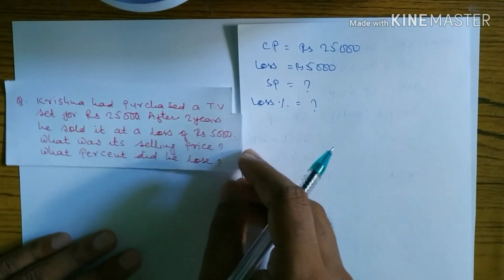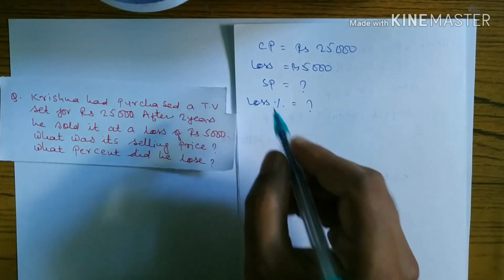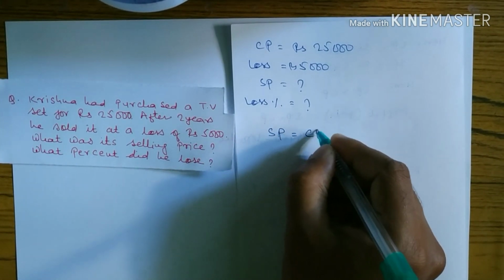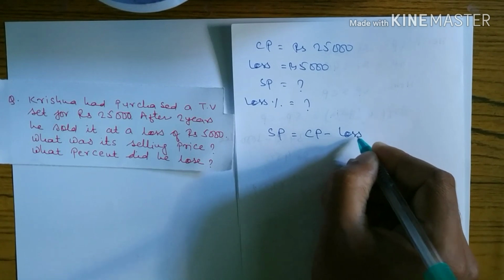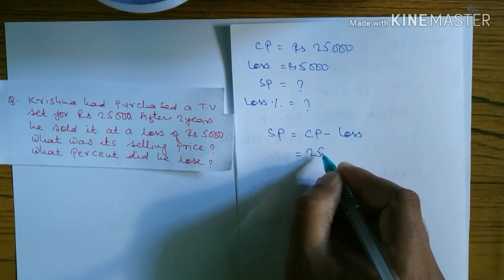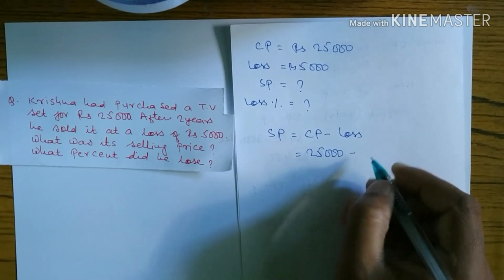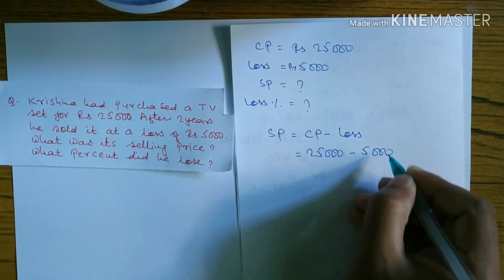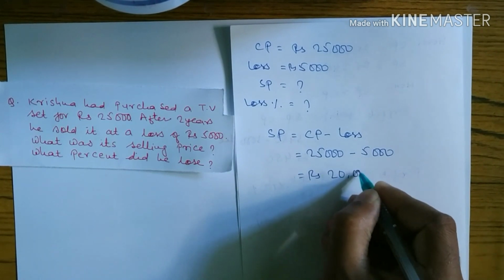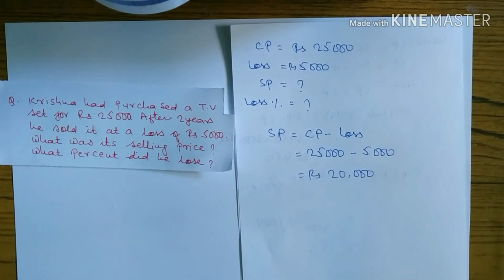Okay. Now, we have to use the SP formula. What is the formula of SP? CP minus loss. CP is equal to 25,000 minus loss is equal to 5,000. When you subtract this, we get 20,000. He sold at what price? At 20,000.